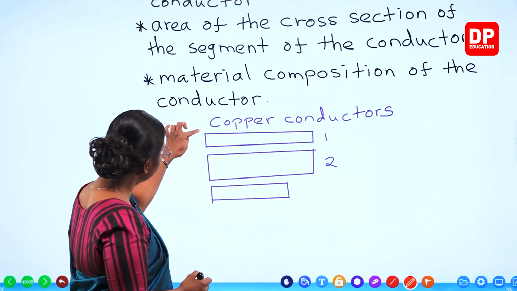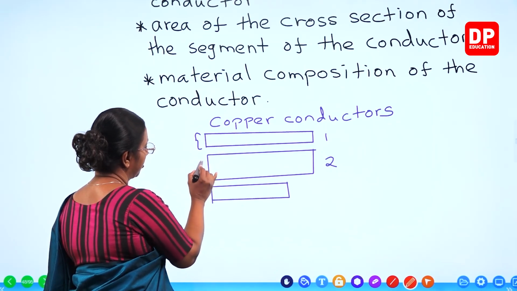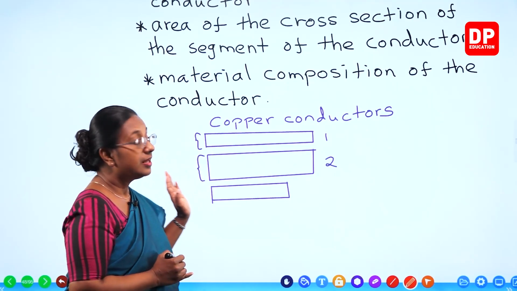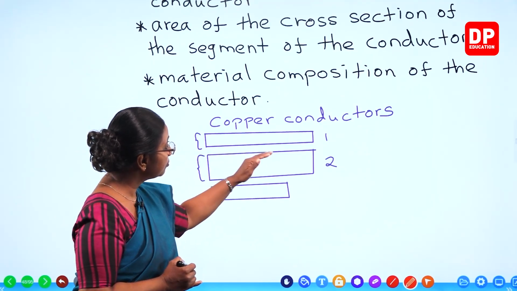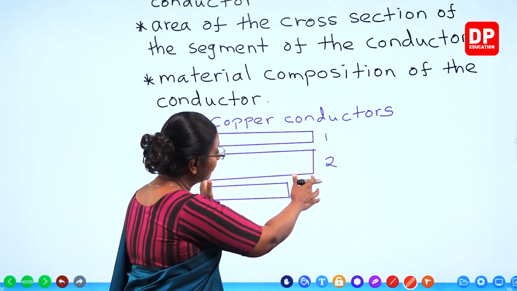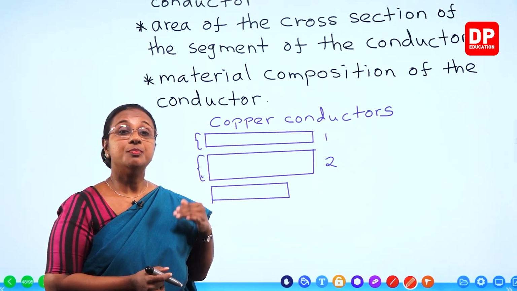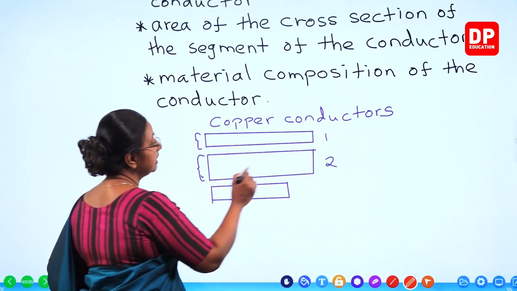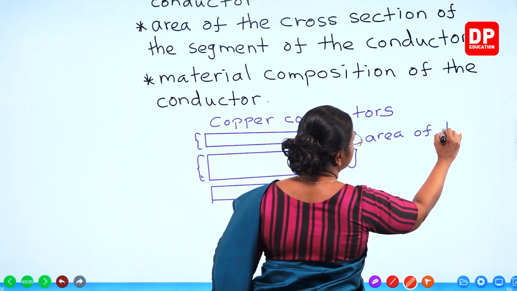But if you look at the area, this cross-sectional area is smaller and this area is larger. So the resistance will vary. Although they are both made of copper and their lengths are equal, the area of the cross section is different, so the resistance will be different. So here it is the area of the cross section.